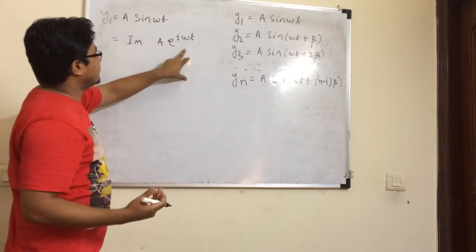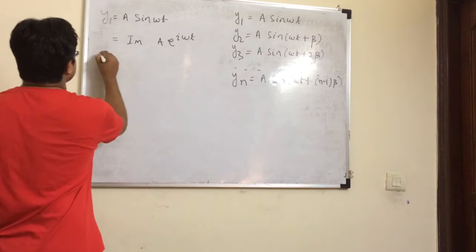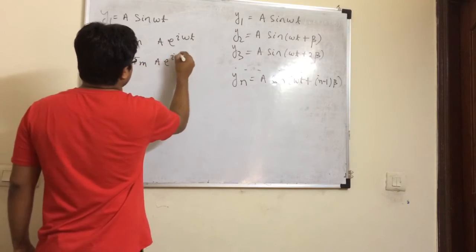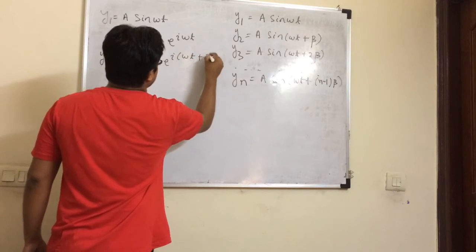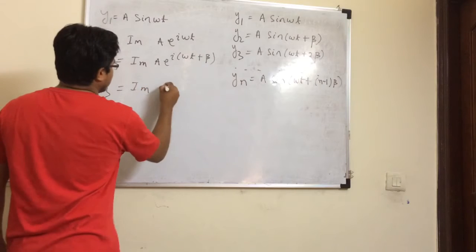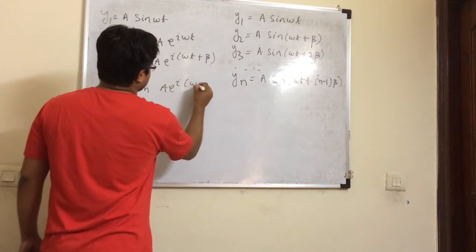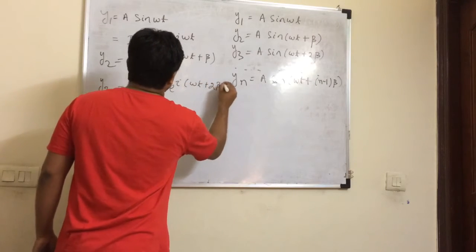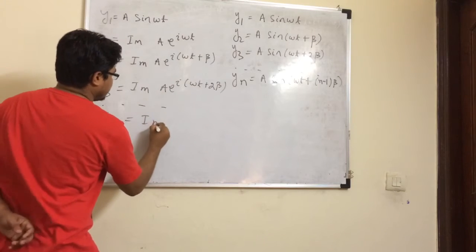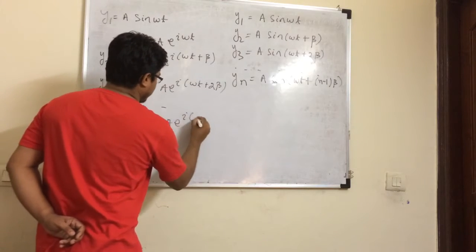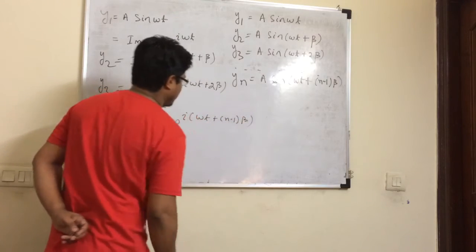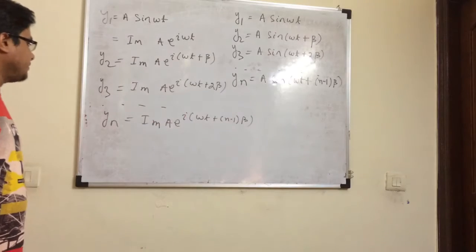So y1 is the imaginary part of A e to the power i omega t. Similarly, y2 is the imaginary part of A e to the power i omega t plus beta. y3 is also the imaginary part of A e to the power i omega t plus 2 beta. Similarly, for the nth term, this is the imaginary part of A e to the power i omega t plus n minus 1 times beta. So this way we can write.